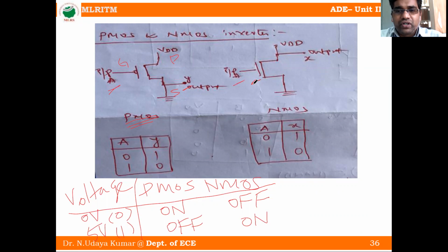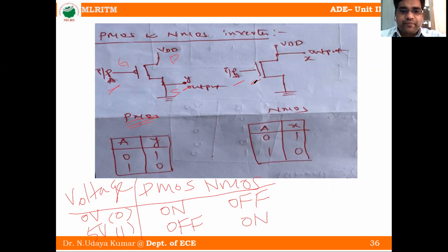Only for logic 1 is it on; for logic 0 it is off. On means short circuit, that is, VDD is directly connected to ground. If it is off, there is no short path between VDD and ground, that is, an open circuit. This is the basic thing.